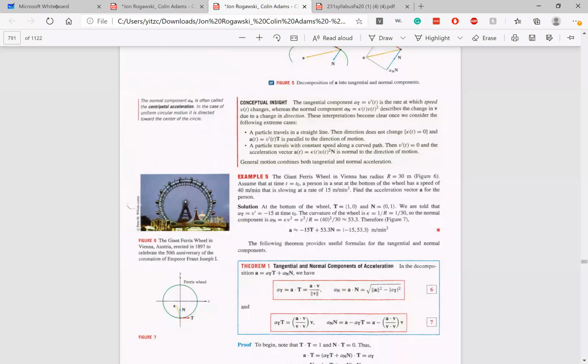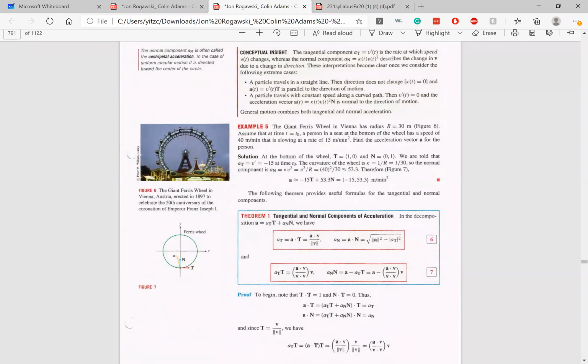And these are the formulas for them. In order to find the tangent component, we need to project the acceleration onto the velocity. And in order to find the normal component, we find the tangent component and then take the acceleration vector minus the tangential vector.